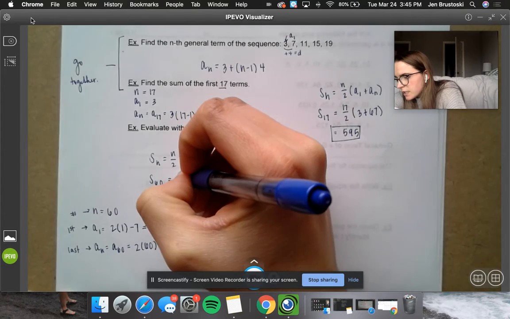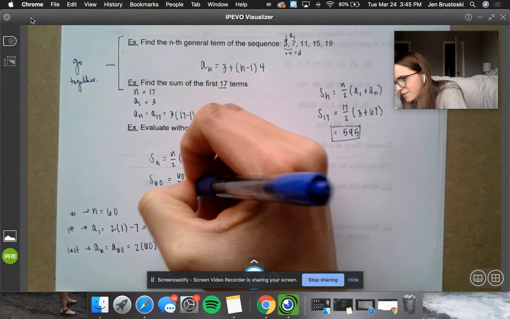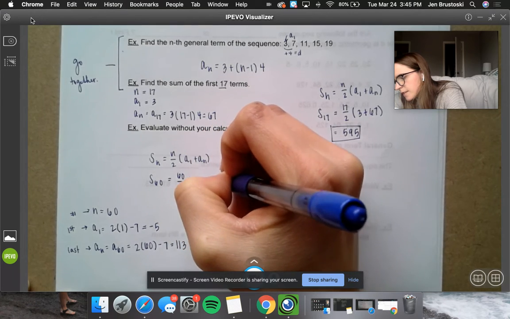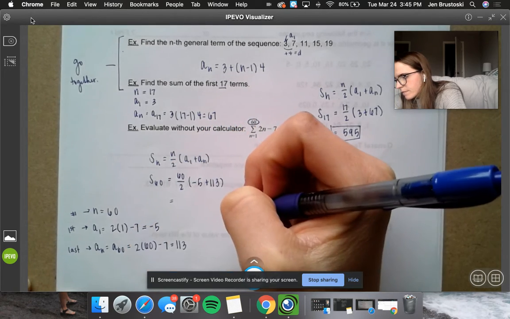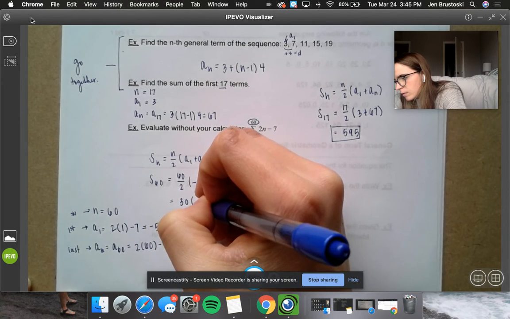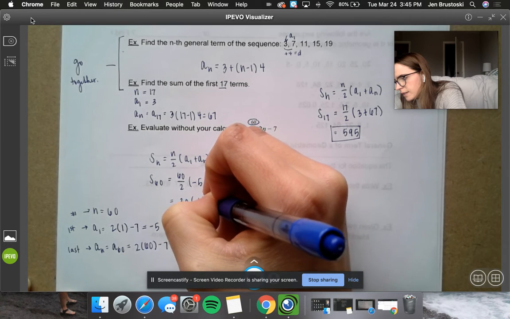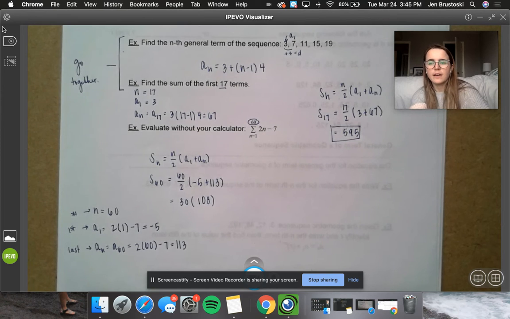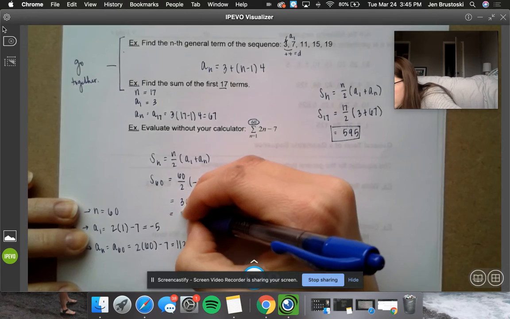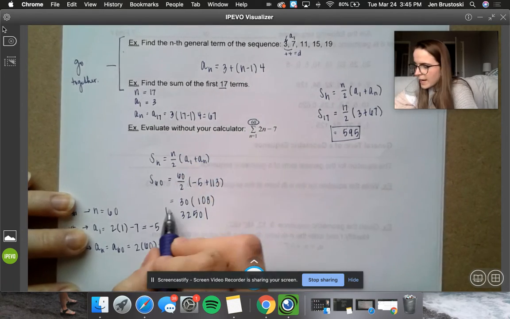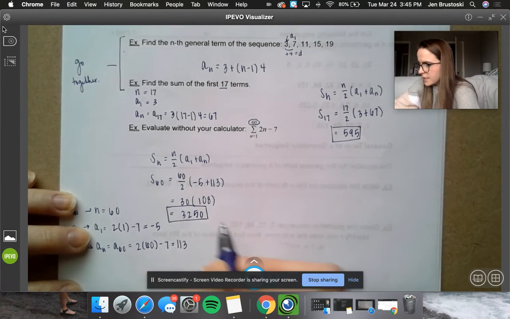So I have 60 over 2 times negative 5 plus 113. So we have 30 times 108. Go ahead and grab a calculator. You should get that this value is 3,250 if we added the first 60 terms together.